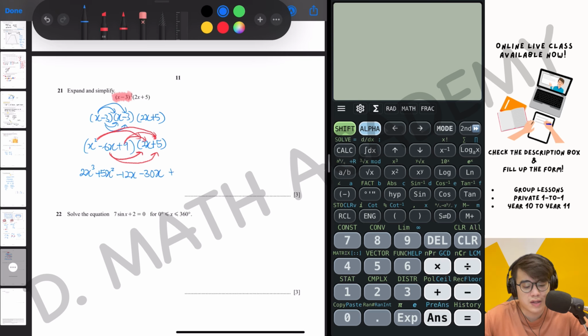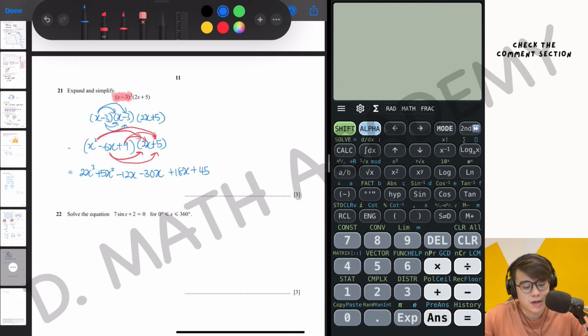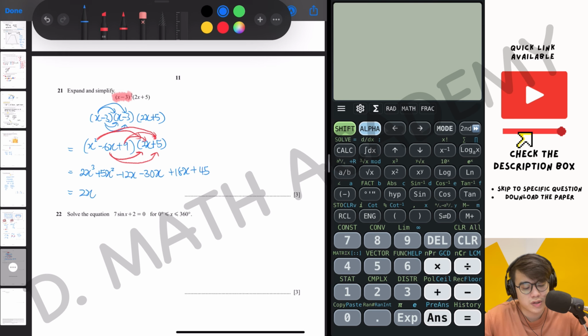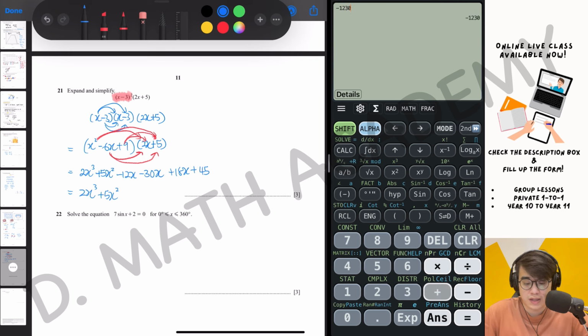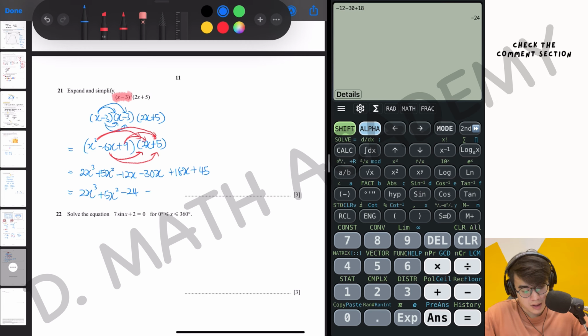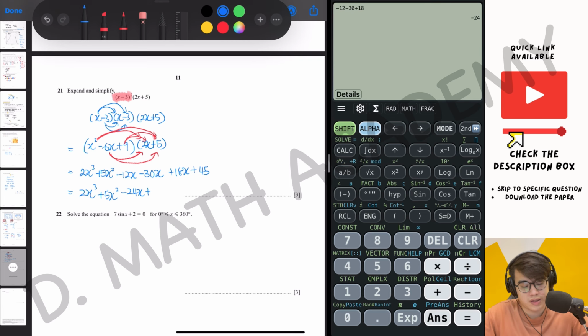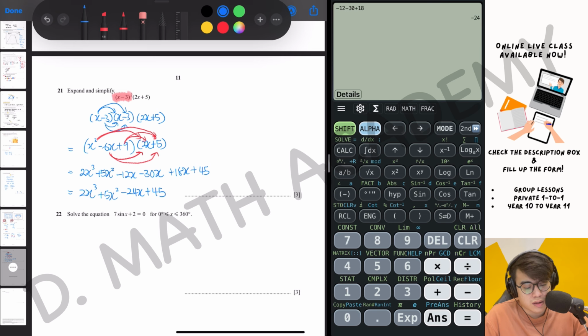You will have 18x and then 45. So through this, you can calculate the results. You get 2x cubed plus 5x squared, minus 12x squared minus 30x plus 18x. We get negative 24x... sorry, the result: negative 12x squared, and then plus 45. And that's it. That's how you calculate everything in detail.